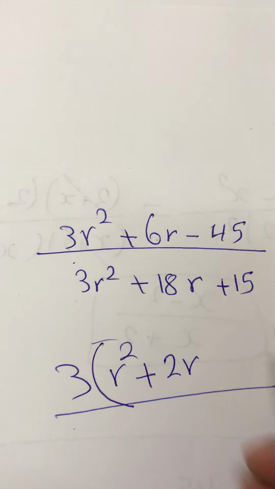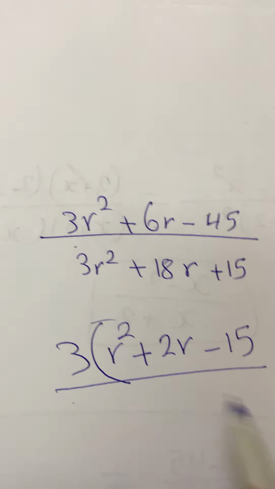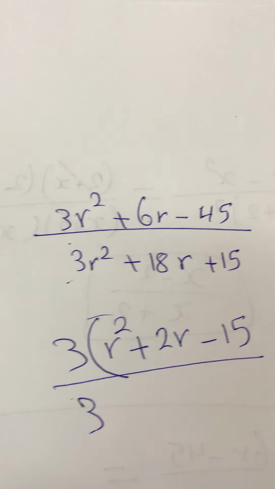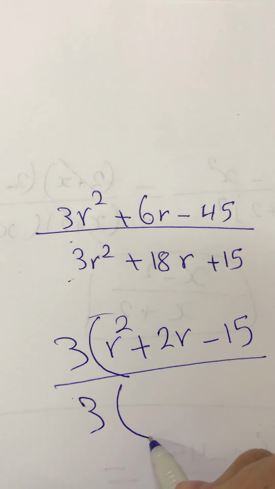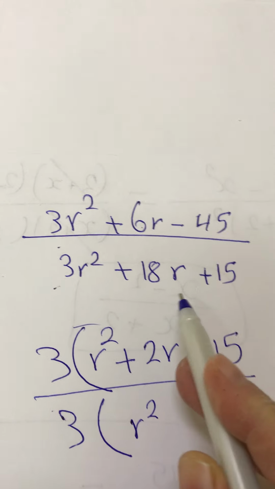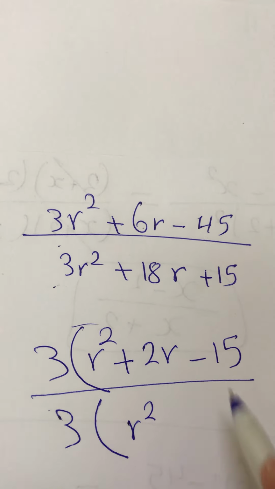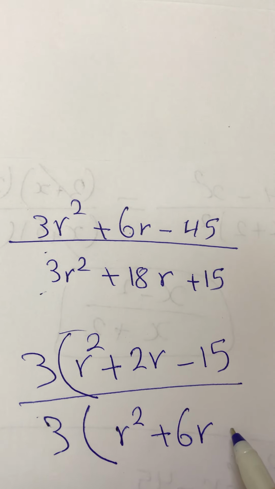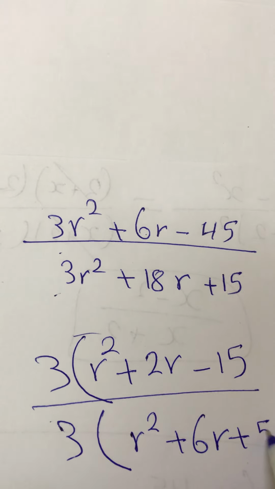Negative 45 divided by 3 equal negative 15. And down 3, 18, 15, we can take also 3 as a common factor between them. Open brackets, 3r squared divided by 3 equal r squared. Positive 18r divided by 3 equal positive 6r. Positive 15 divided by 3 equal positive 5.